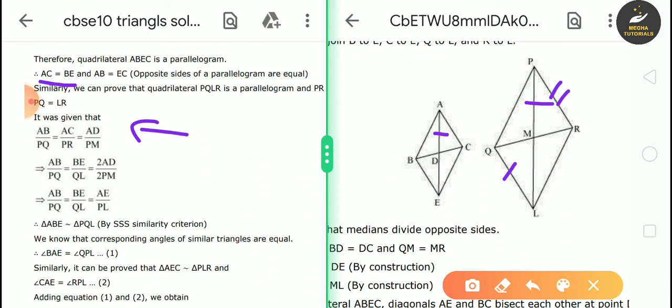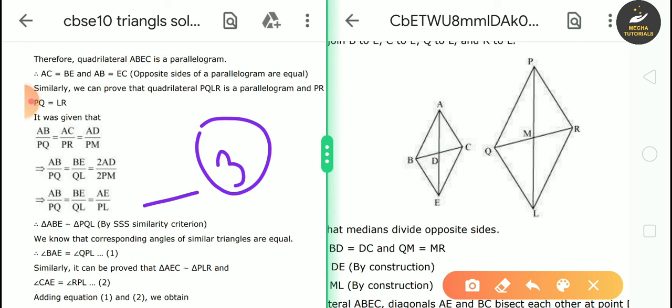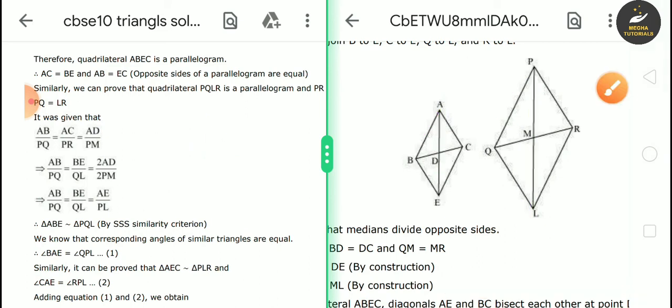Therefore you can write AB upon PQ is equal to BE upon QL is equal to 2AD upon 2PM, so that we can get AB upon PQ is equal to BE upon QL is equal to AE upon PL. Okay, so this is your equation 3. Now triangle ABE is similar with triangle PQL because all sides are in the same proportion. Therefore by SSS test ABE and triangle PQL are similar. Now we know that corresponding angles of similar triangles are equal.